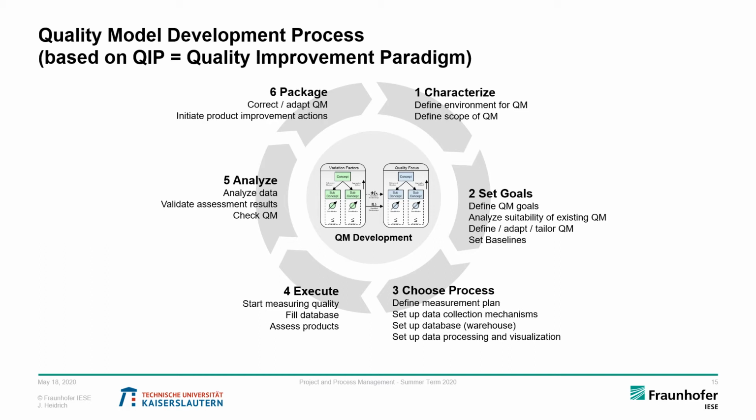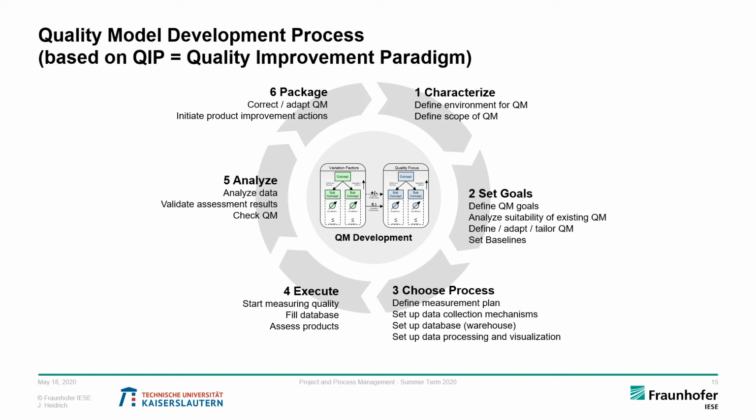And then finally, we can package the model, we can correct and adapt our quality model, and initiate also product improvement actions. So based on the findings from the analysis step, we can identify the hotspots that need to be fixed, need to be addressed, and then we can initiate corresponding improvement actions. And that's basically the whole cycle for quality modeling.